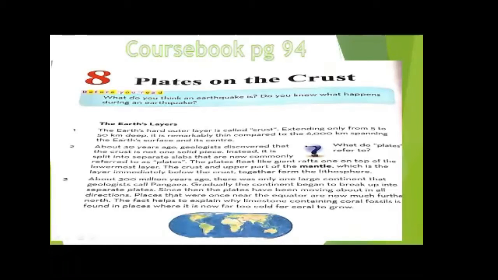The continent gradually, slowly broke up into plates which were apart from each other and still continued to float slowly in different directions. Oceans and seas have been formed as a result of this development. So, places that were near the equator, which is an imaginary line around the center of the Earth, are now moving further north.